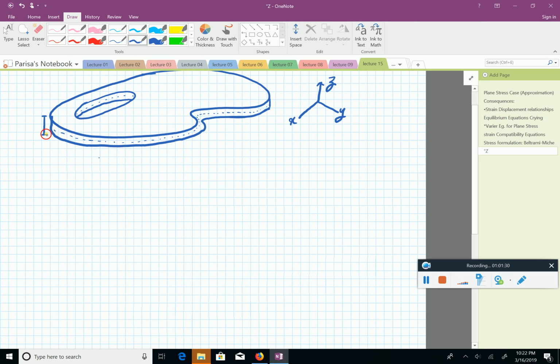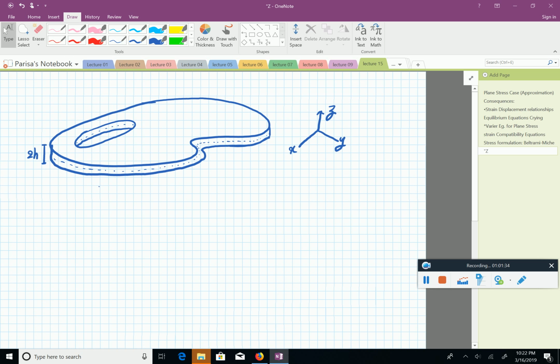We want to make sure that first of all we won't have any out of plane stress, so that would mean that we won't have any stress components on the top or bottom surfaces, so they have to be traction free.